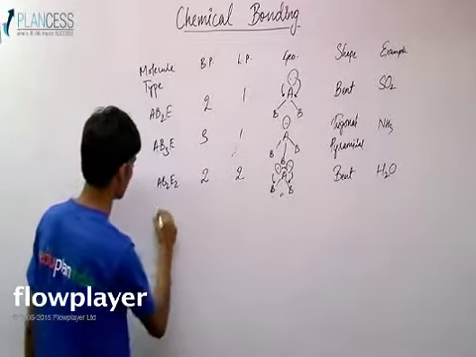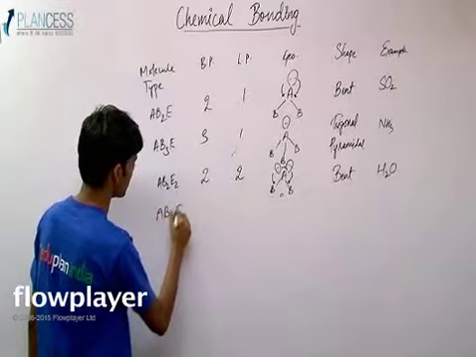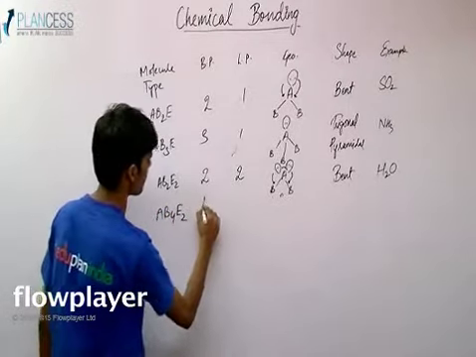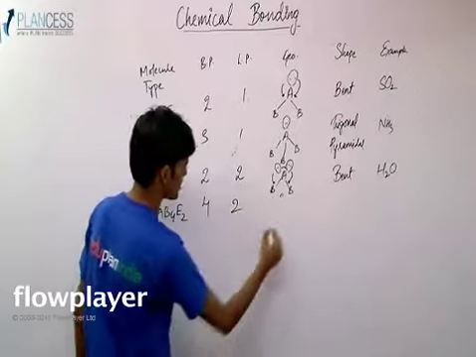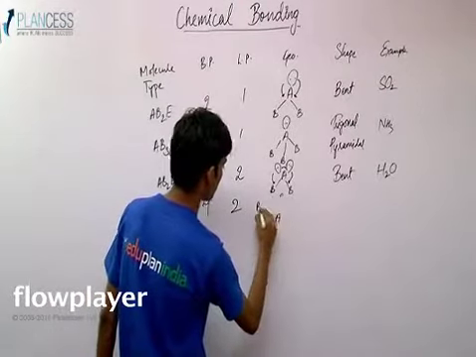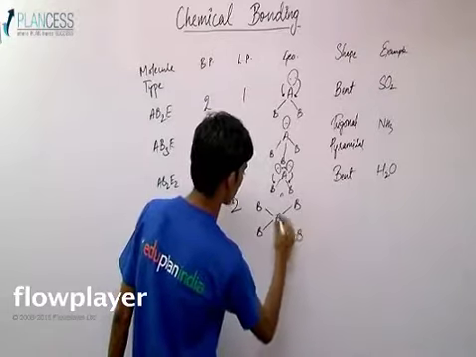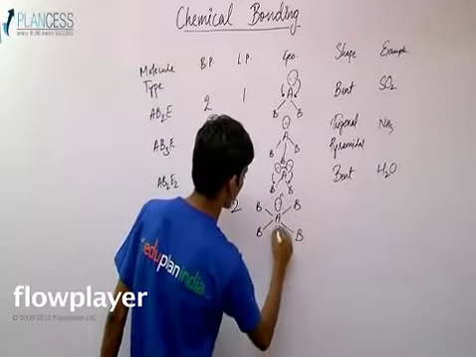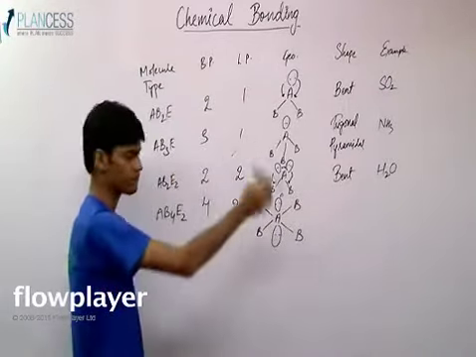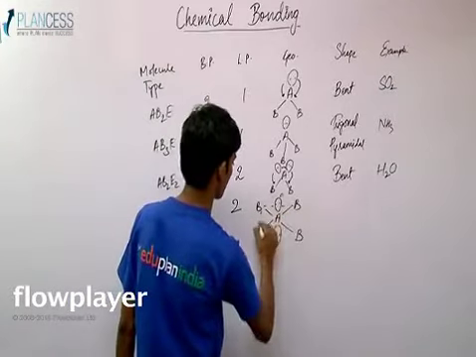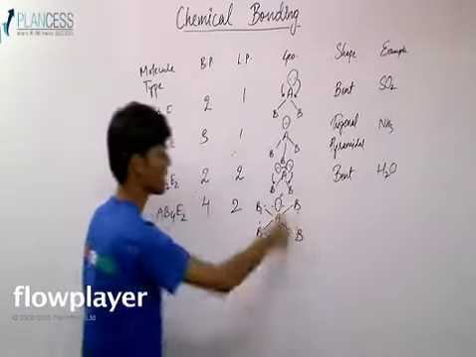One more example is AB4E2. So it has 4 bond pair and 2 lone pair. So it is something like this: A, B, B, B, B, and the 2 lone pairs are here. So in that case, all the positions are equal because all are at 90 degrees.